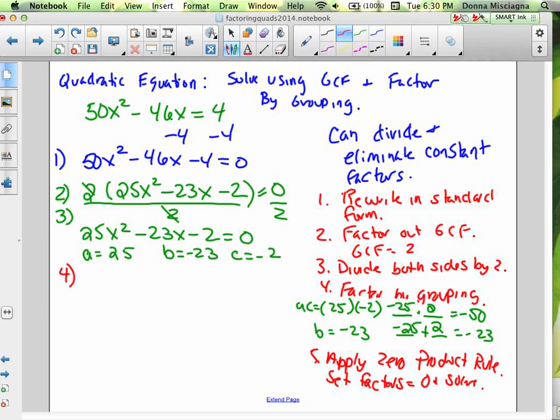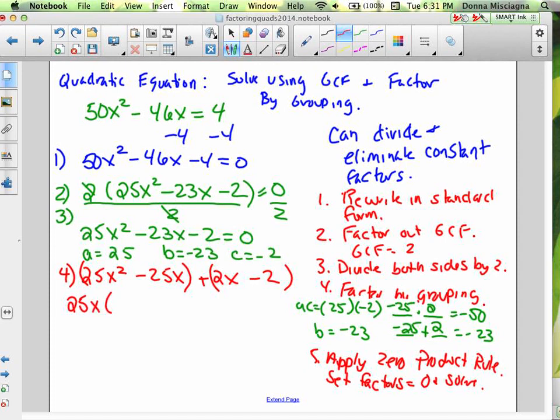Remember we keep the first term, 25x squared, and then we replace the negative 23x with a negative 25x and a positive 2x, and we keep the negative 2. The first two are a group, and the second two are a group. Now we can just factor. The greatest common factor for 25x squared and negative 25x would be 25x. We can factor out a 25x.